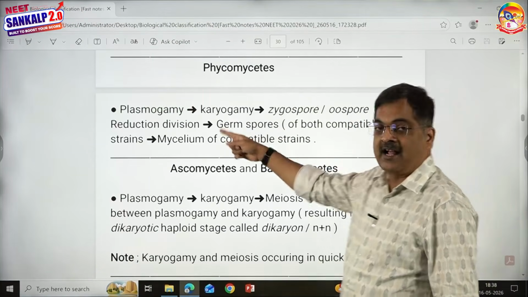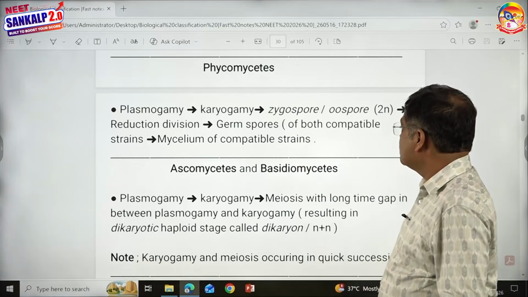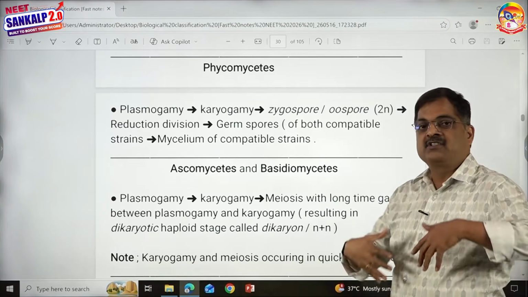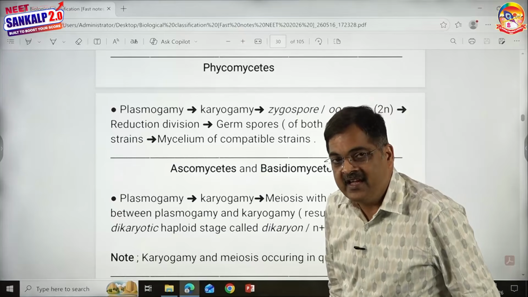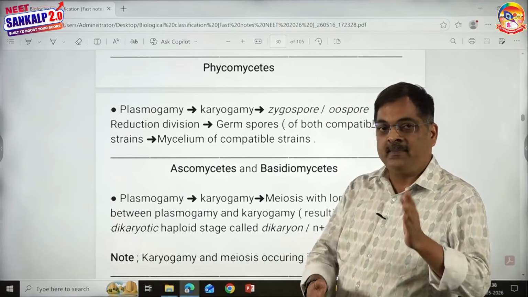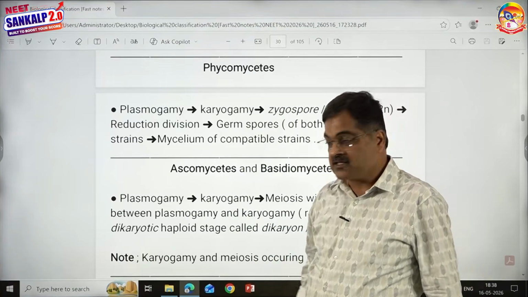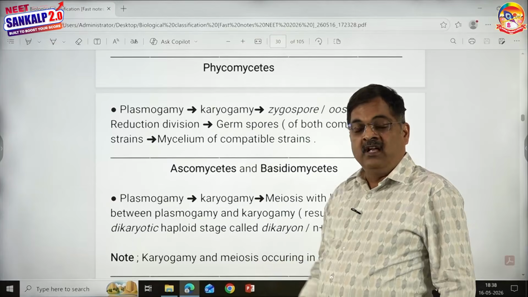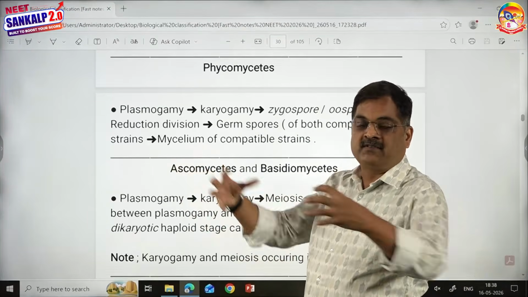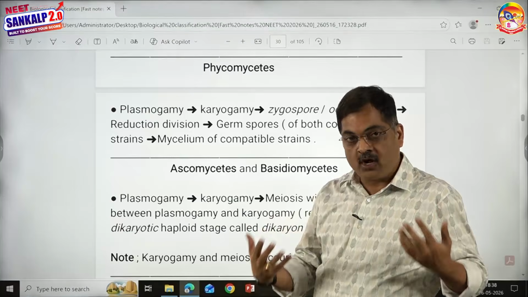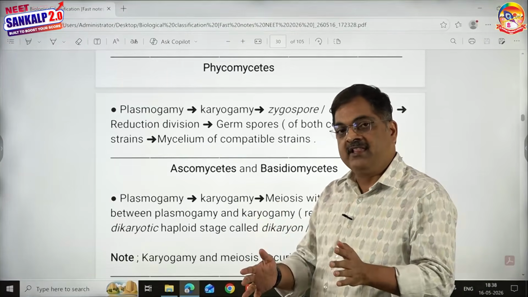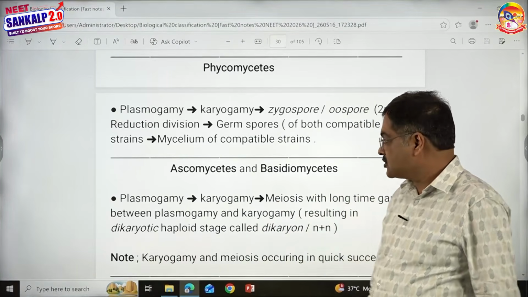Reduction division occurs in it, resulting in the formation of germ spores, and these spores develop into a mycelium. A very easy way: I told you isogamy, anisogamy and oogamy. All 3 are seen in Phycomycetes. Gametes are formed. The gametes fuse, protoplasm fuses, nuclei fuse, resulting in the formation of zygospore or oospore. Reduction division occurs in them, resulting in the development of spores.